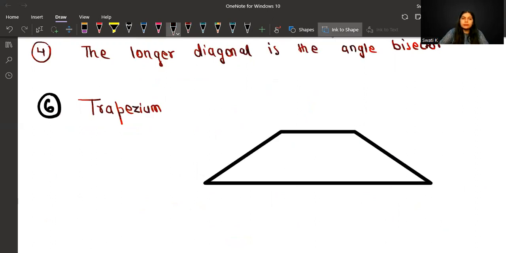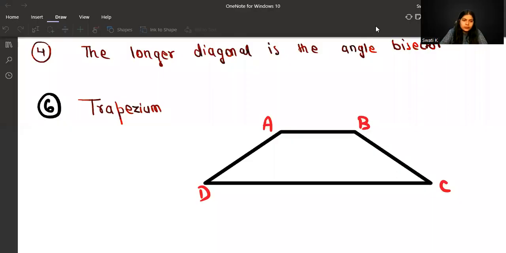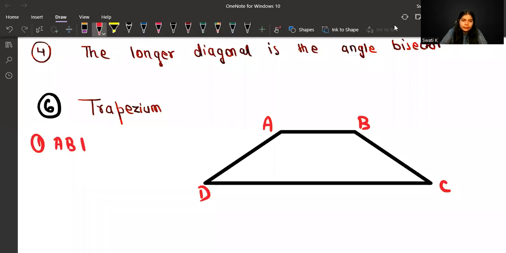In a trapezium, one pair of sides is parallel, but the other pair is non-parallel. Whatever I said, I'll write down using symbols. First, AD is parallel to BC. AB is not parallel to CD.